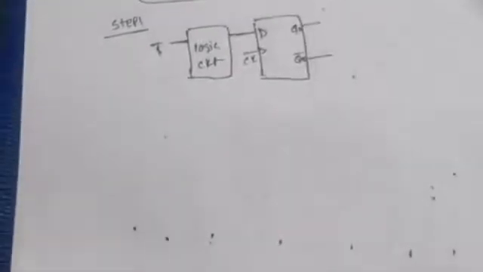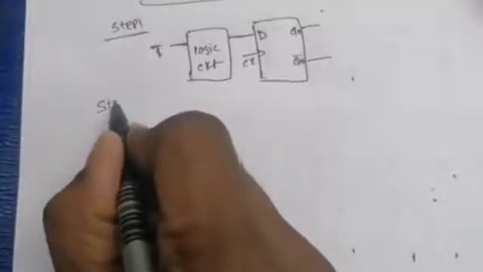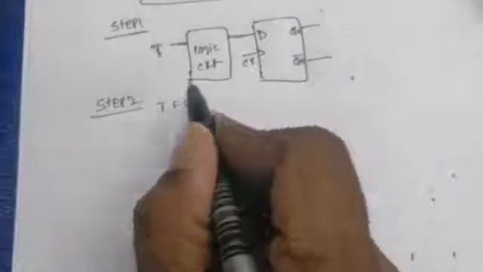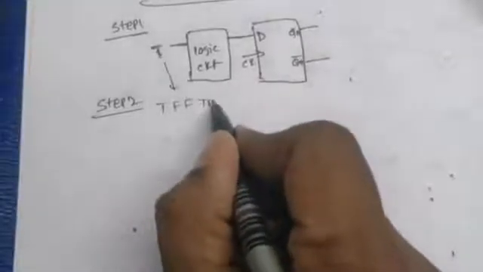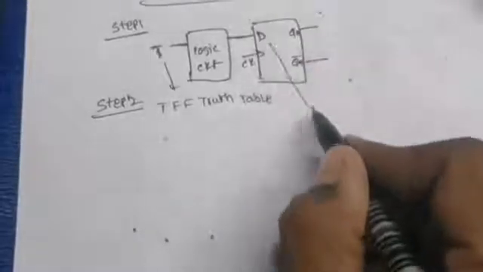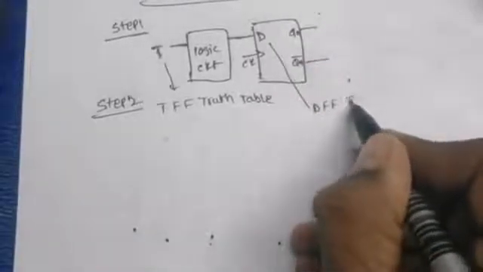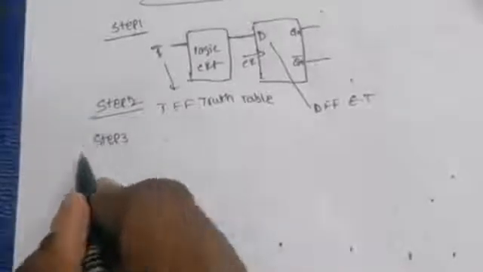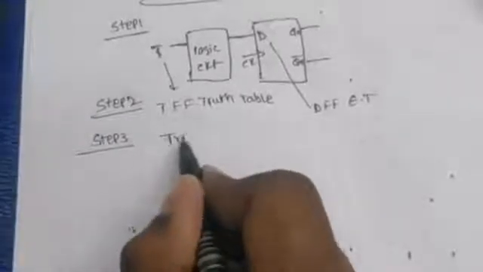For this, we have to find the logic. In step 2 we take the T flip-flop truth table and the D flip-flop excitation table. In step 3 I am directly taking the transition table.